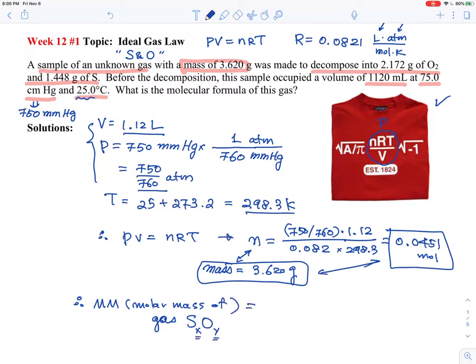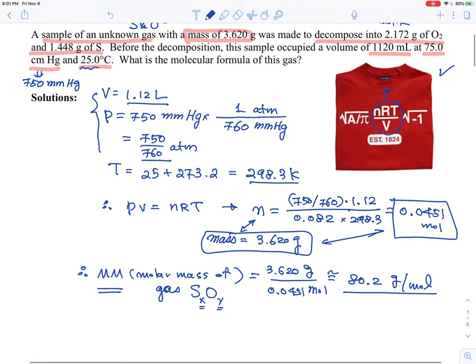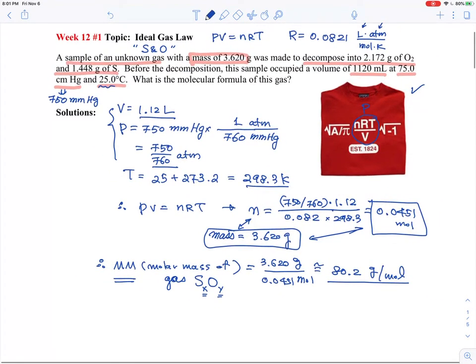But there's the gram per mole: 3.620 divided by 0.0451. That makes it roughly about 80.2 gram per mole. So I have a very crucial piece of information, the molar mass of whatever gas we have in that container.